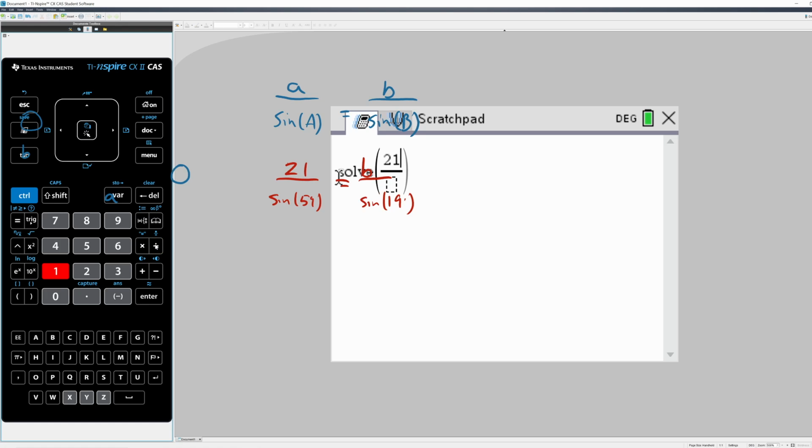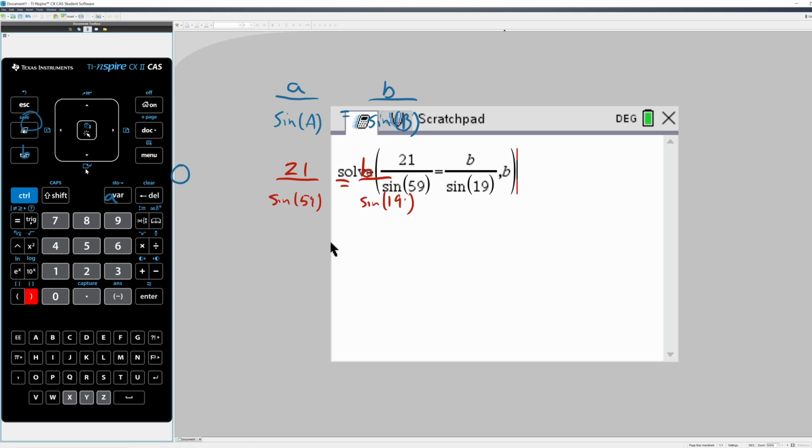So we have 21 over the sine of 59, and that equals, again using the fraction template, b over the sine of 19, and we want to solve that for the variable b.